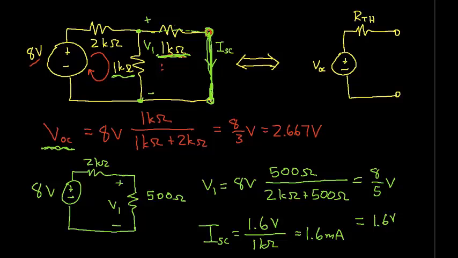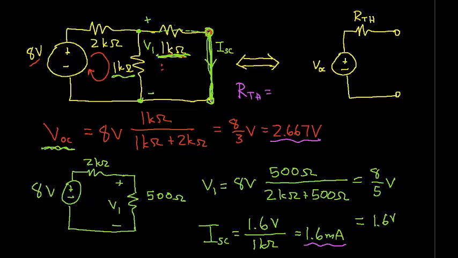Okay, so we have the open circuit voltage, which we got here. We now have the short circuit current, which we have here. So we can find the Thevenin equivalent resistance as, let's see, we'll do it up here.